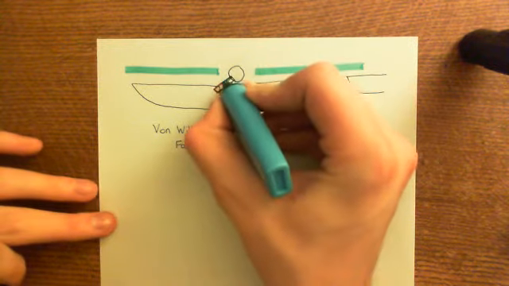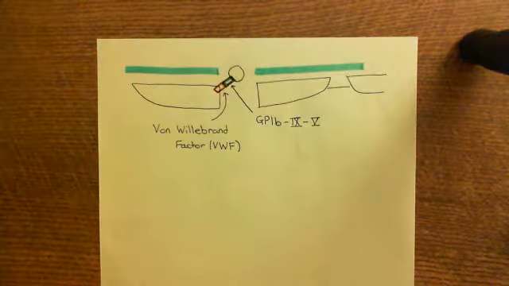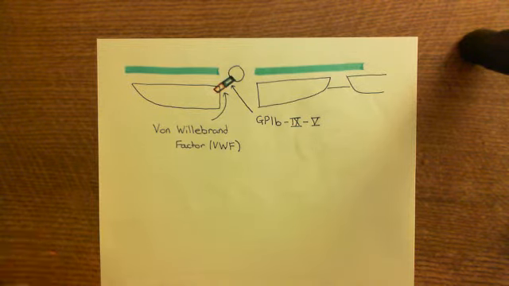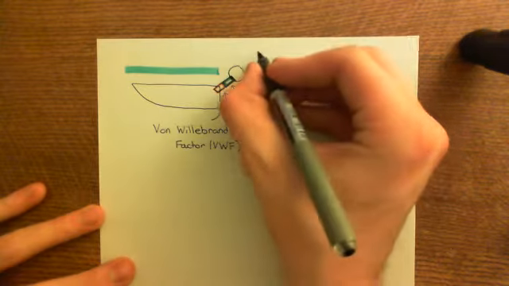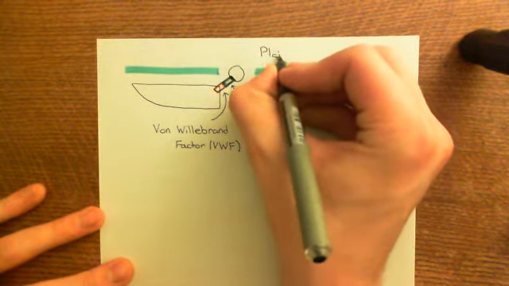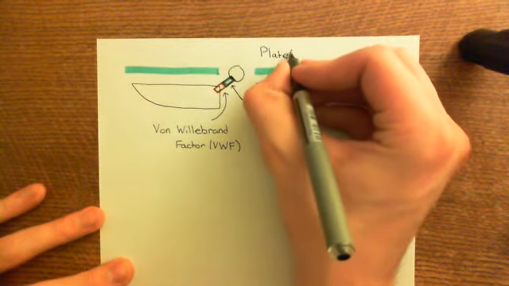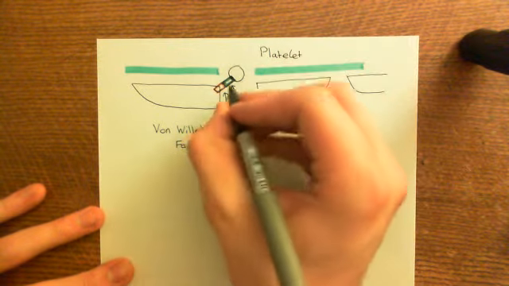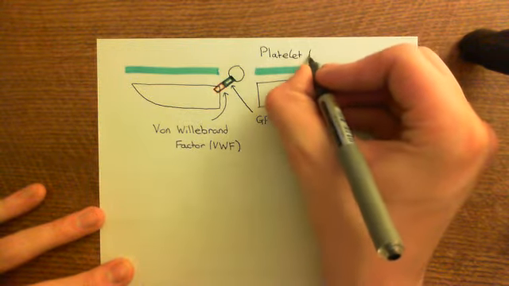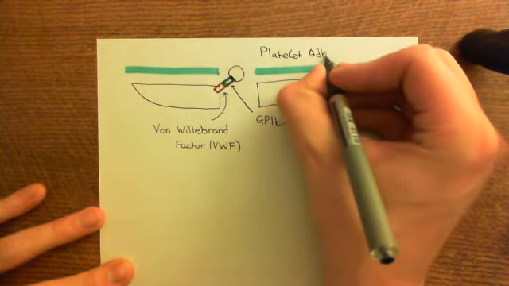Okay, so here is glycoprotein Ib-IX-V on our platelet. So this initial process of a platelet sticking to the exposed von Willebrand factor on the endothelial cells is known as platelet adhesion. So the first process you get is platelets adhering to the exposed von Willebrand factor on these damaged endothelial cells. So this is platelet adhesion.